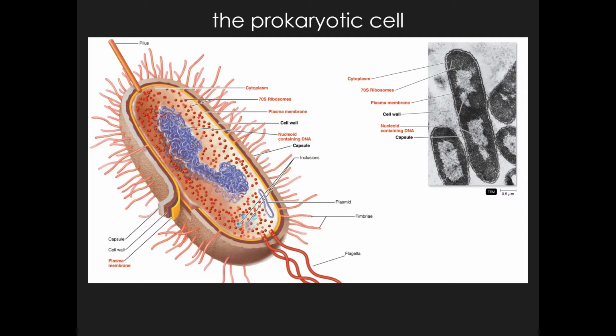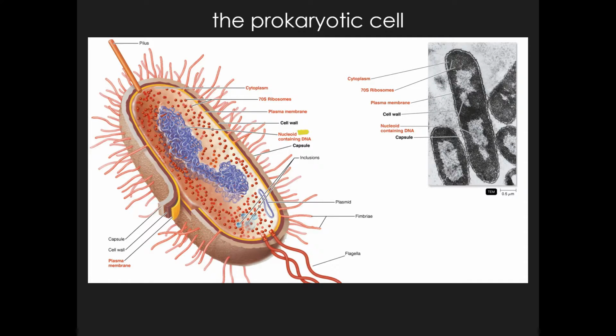Typically, prokaryotic cells are surrounded by a cell wall, as are fungi and plants, which is exterior to the plasma membrane, which you'll remember from general biology is the barrier between the cell and the outside environment.